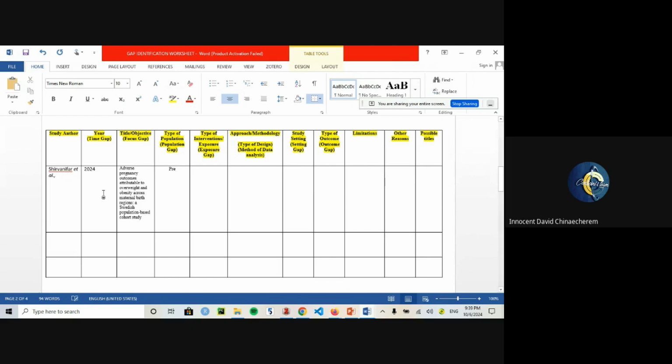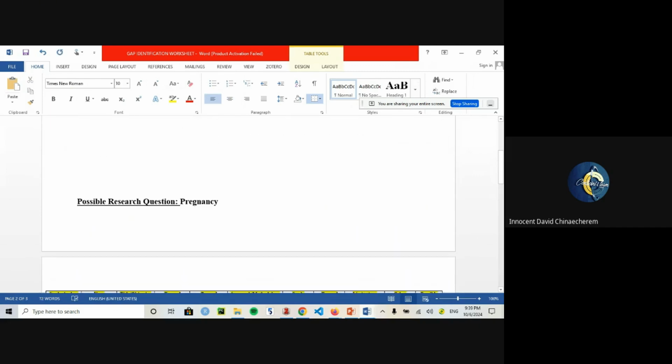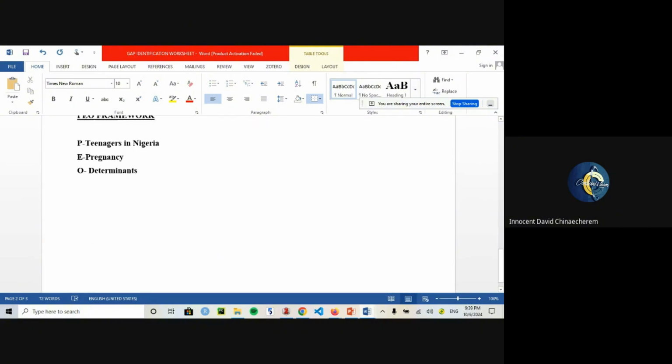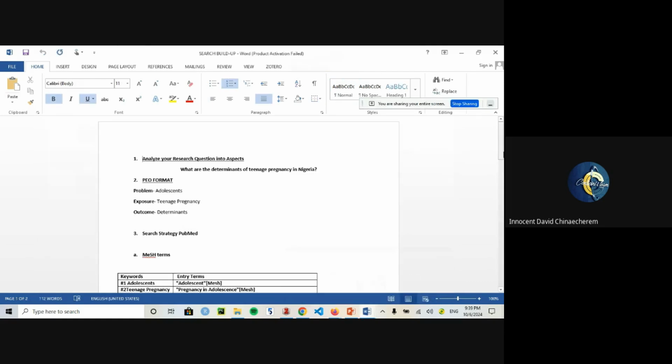And you see, you will have to review 1 million papers to know what is not in existence? That's going to take a whole lot of time. So the point is that before you start recording your studies, particularly if you're doing a PhD, you need to narrow down your title. So this is the gap search build-up, which I'm still going to use in explaining the search strategy, but it's more of me explaining it twice.